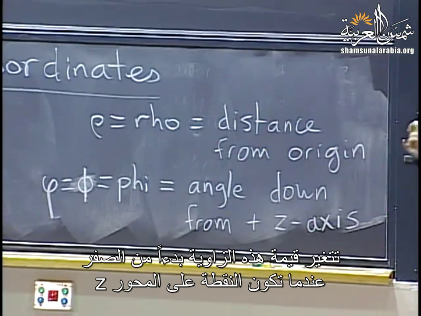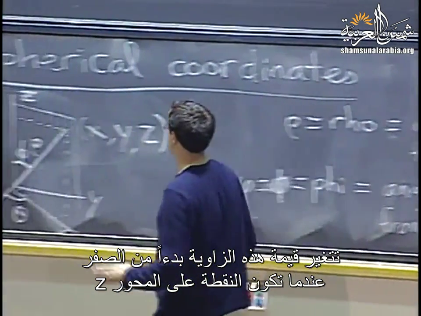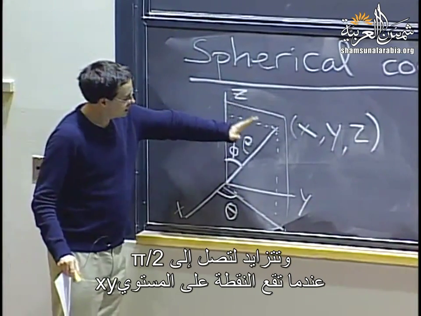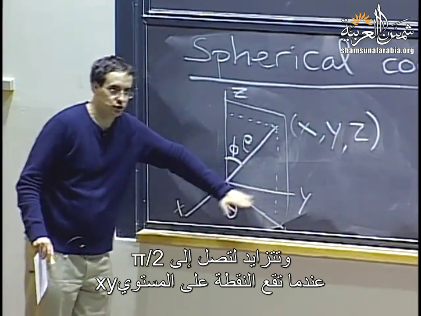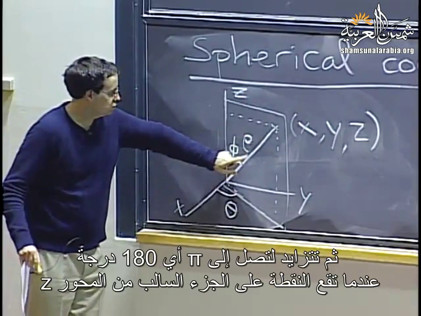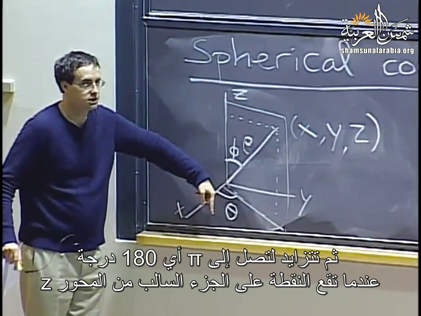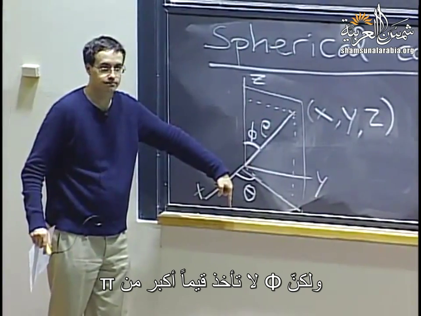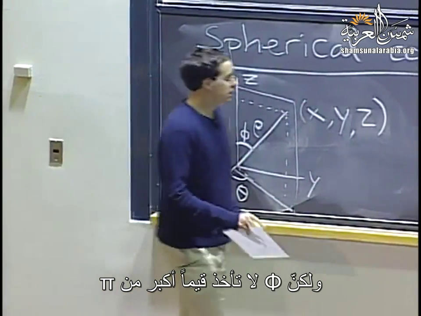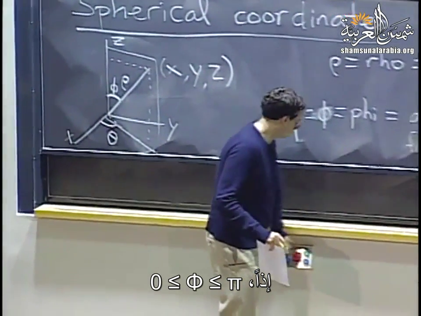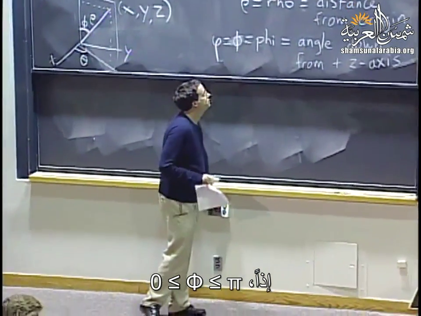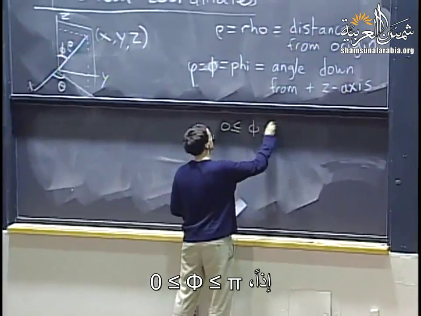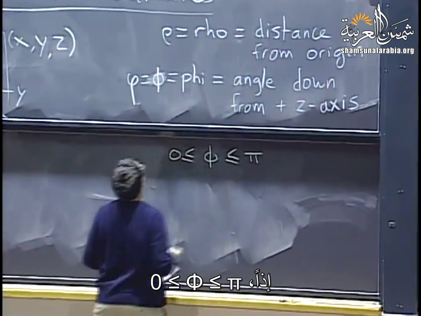And so that angle varies from 0 when you're on the z-axis, increases to pi over 2 when you're in the xy plane, all the way to pi, or 180 degrees, when you're on the negative z-axis. It doesn't go beyond that. Okay. So phi is always between 0 and pi.